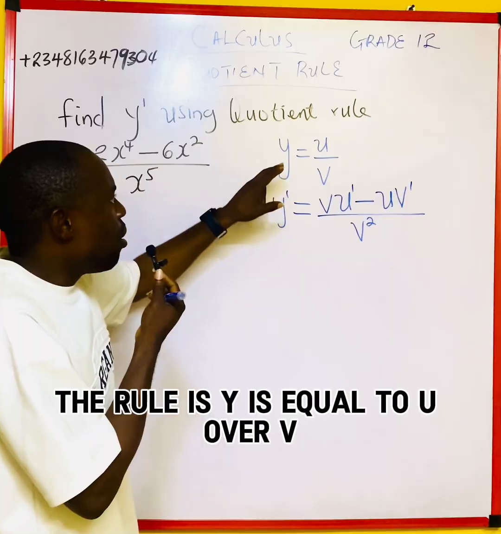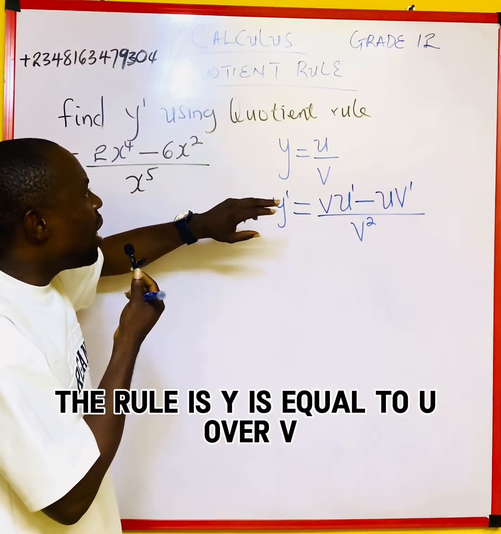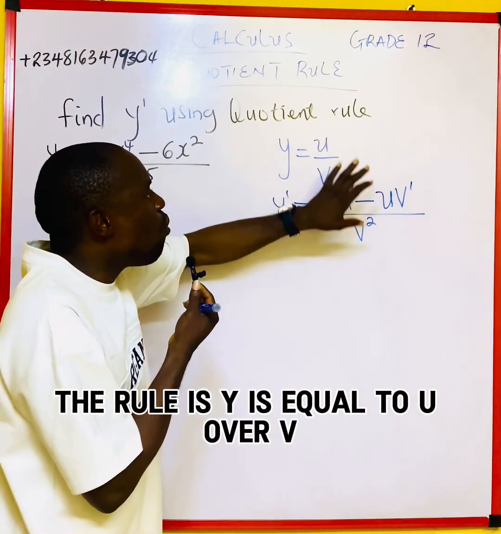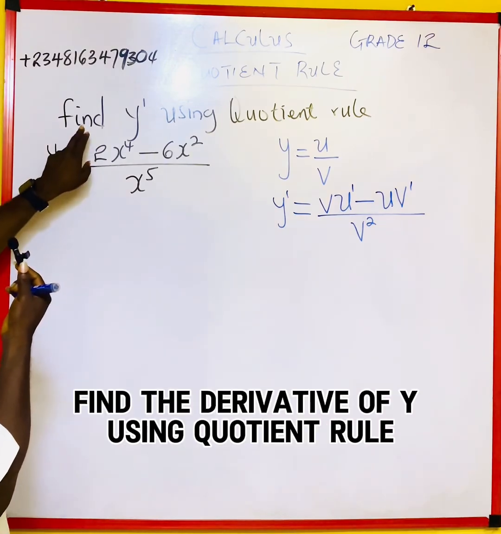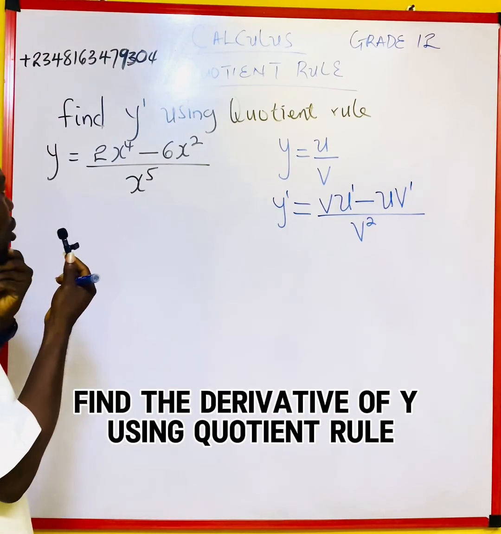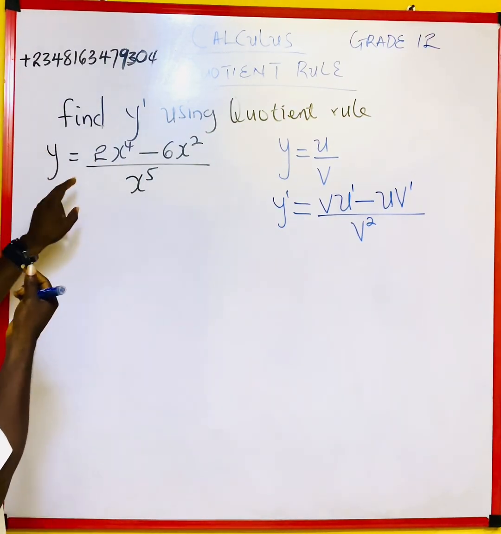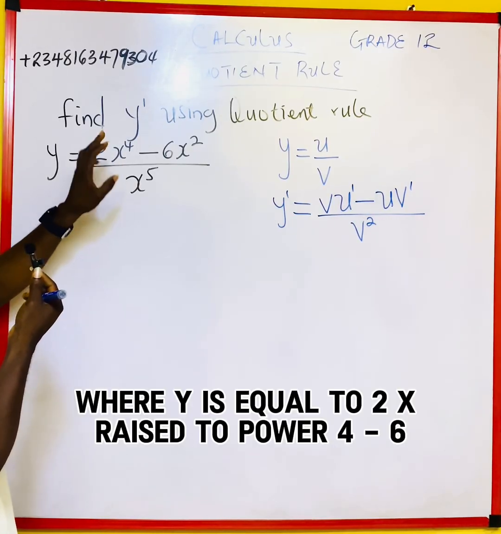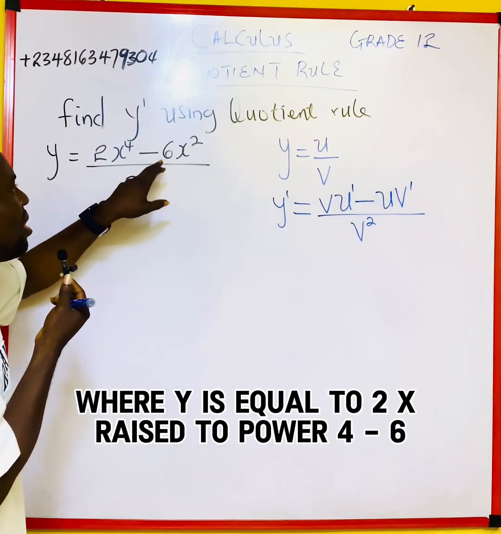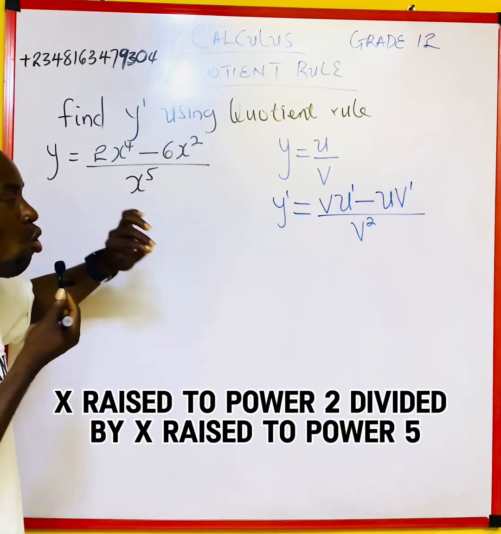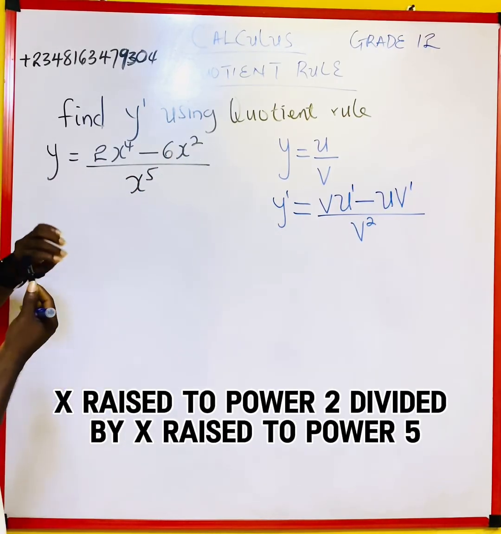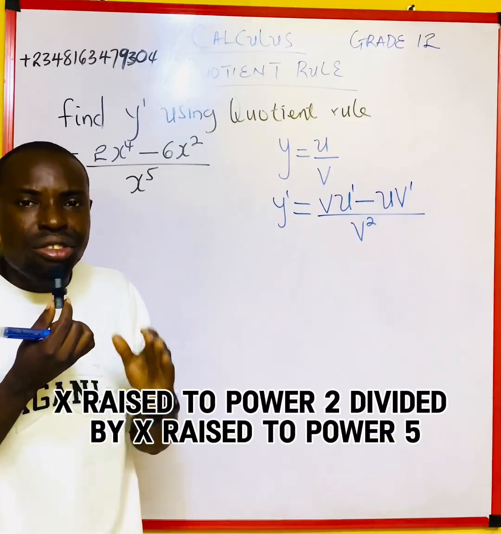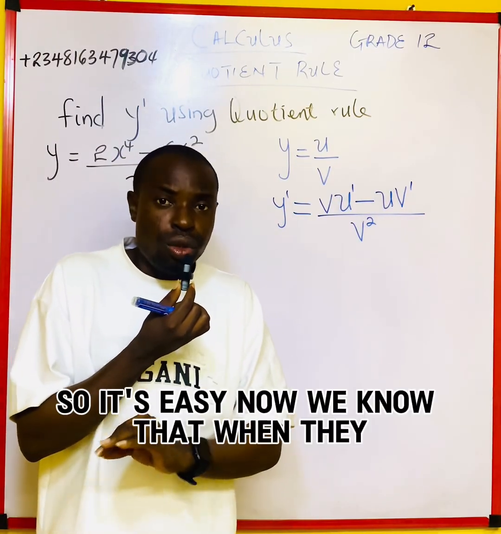The rule is y is equal to u over v, because the question says find the derivative of y using the quotient rule, where y is equal to 2x raised to power 4 minus 6x raised to power 2 divided by x raised to power 5. So it's easy.